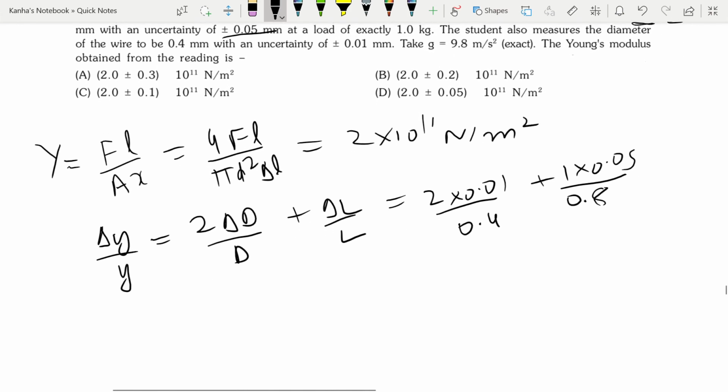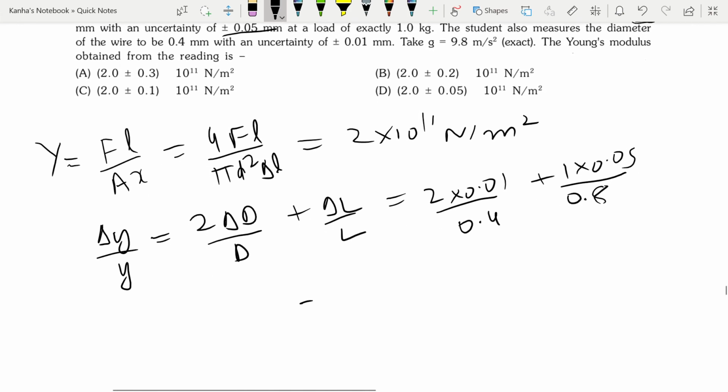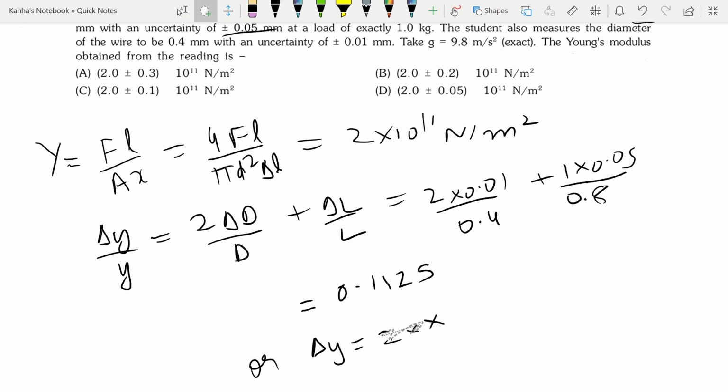If you just solve this, we get delta Y by Y is equal to 0.1125, or delta Y is equal to 2 into 10 to the power 11 into 0.1125, which is similar to 0.2 into 10 to the power 11.